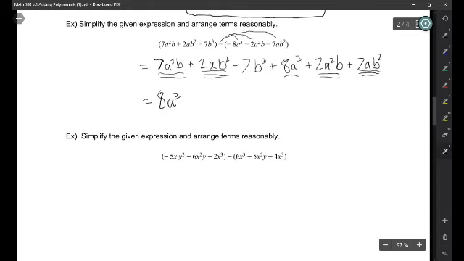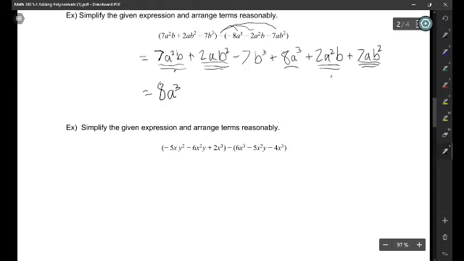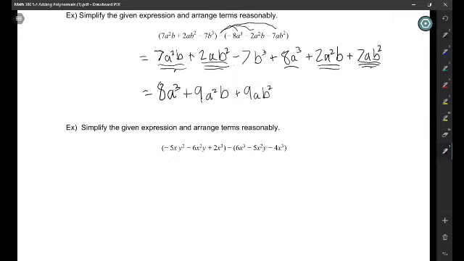Then from here and here, we get 9a squared b. Here and here, we get 9ab squared. And then lastly, minus 7b cubed.